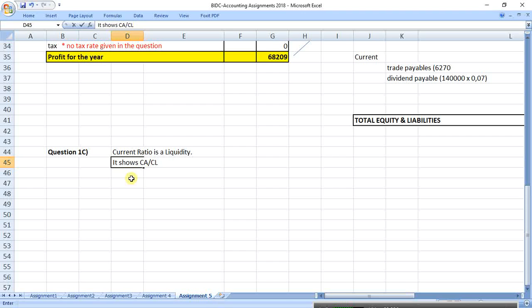So it focuses on the assets and liabilities, current assets and current liabilities, and gives a measure of the firm's or the company's ability to meet short-term obligations.